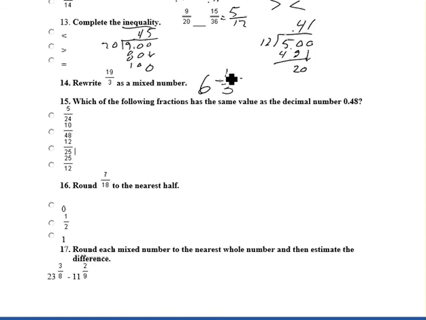Which of the following fractions has the same value as the decimal 0.48? Well, I know 48 over 100 does. And I could simplify that to 24 over 50. So I just took half of each of those. And then can we simplify 24 over 50? 2 goes into 24 12 times. 2 goes into 50 25 times.